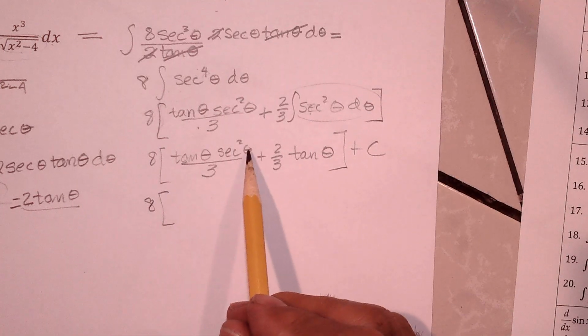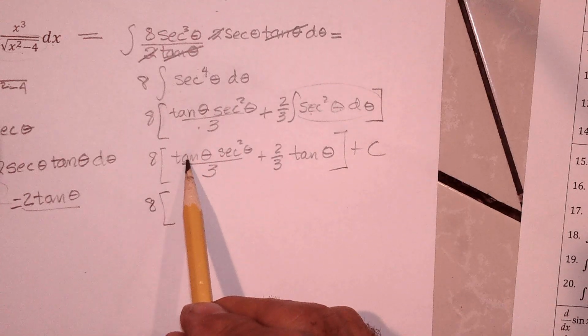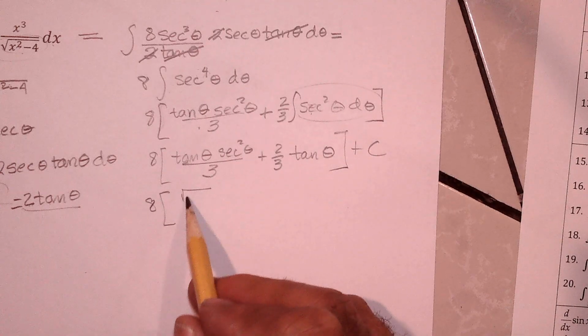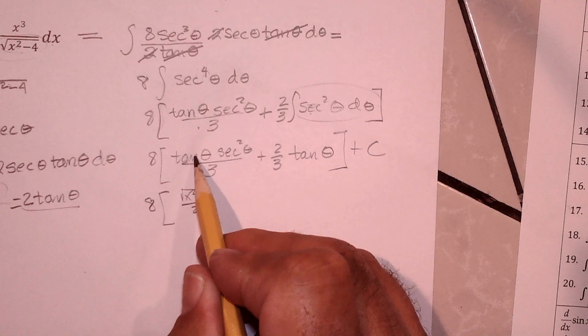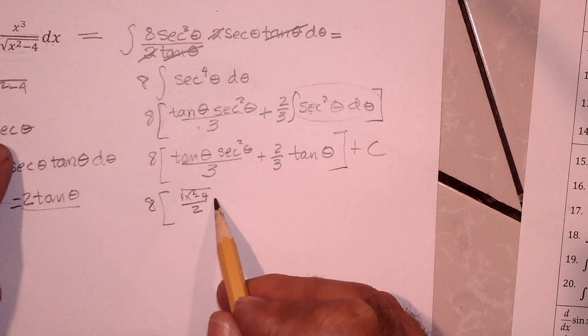Now we got to go back to x's, so I got to look at the theta and figure out what the tangent is. Well, that's that over that, so that's square root of x squared minus 4 over 2, there's the tangent, times the secant.